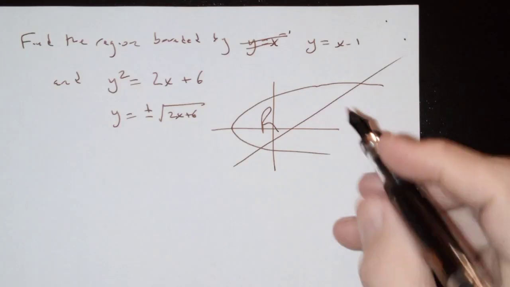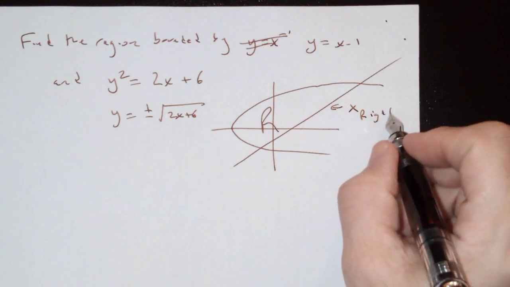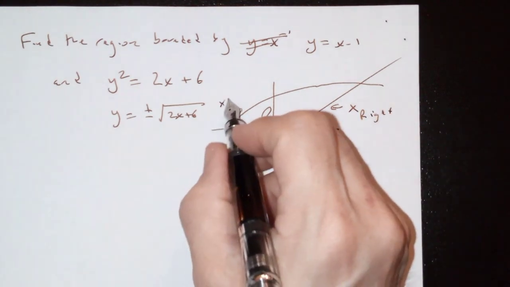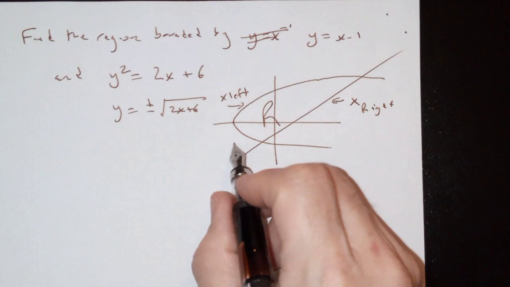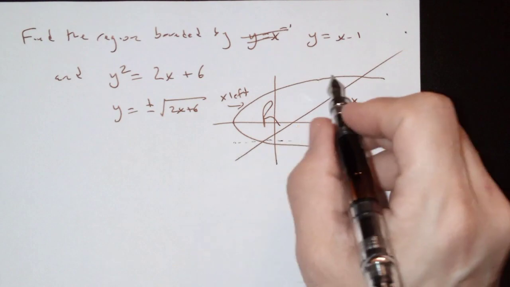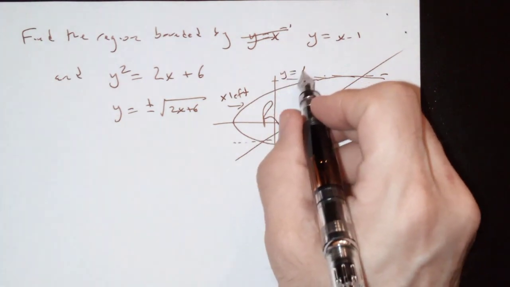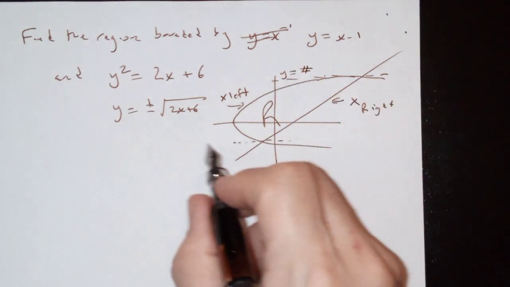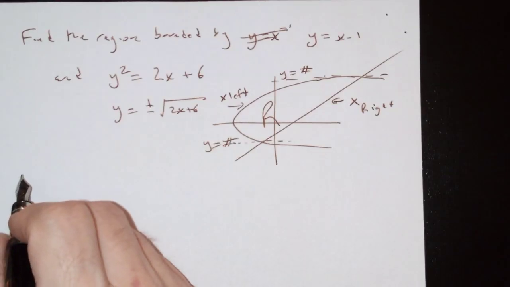But that means I can think of this as having an x on the right and an x on the left, and those are the curved sides. And then the top and the bottom are y values. y equals a number in both cases. And I can find out what that number is.